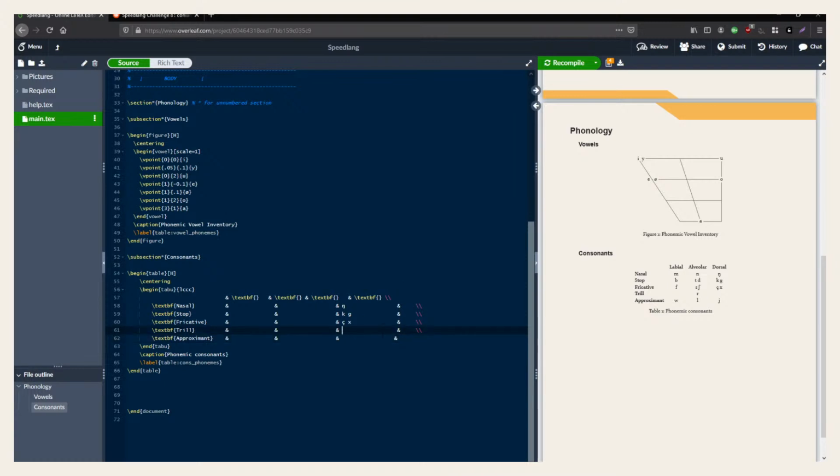Alright, so what consonants do we want? We don't really have any restrictions on consonants beyond the glides. So what do we want? Do you have any suggestions?